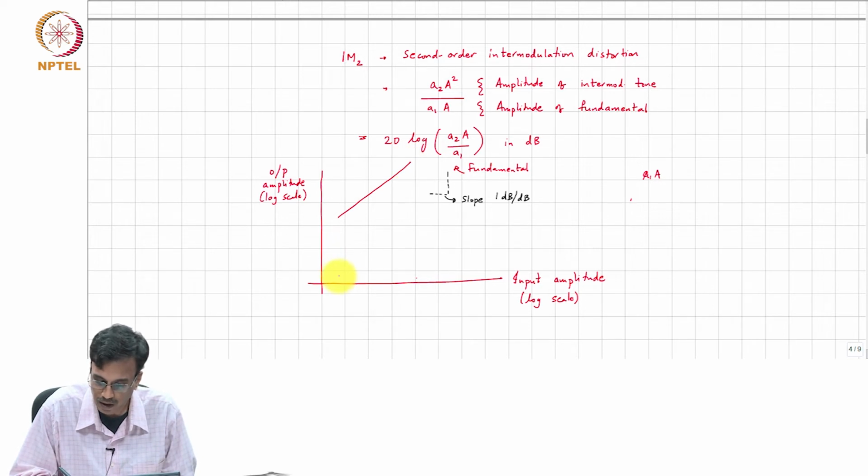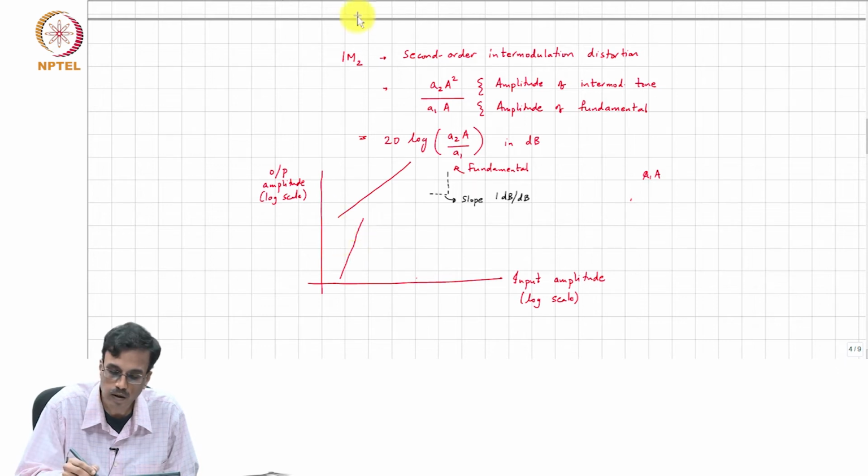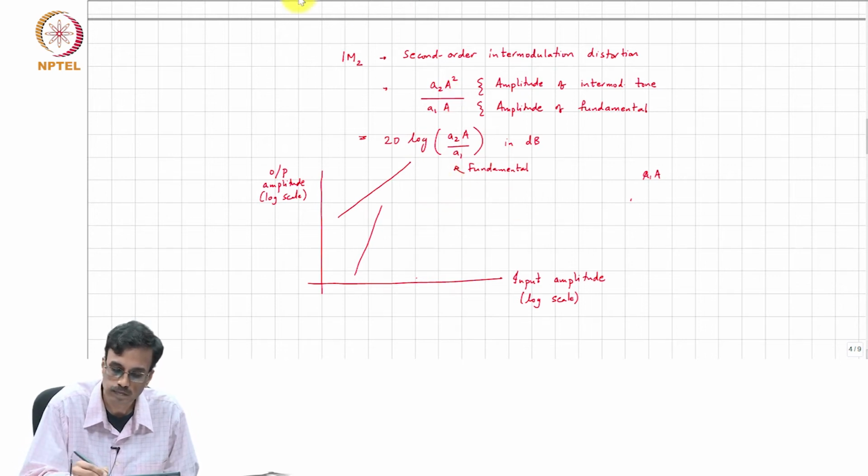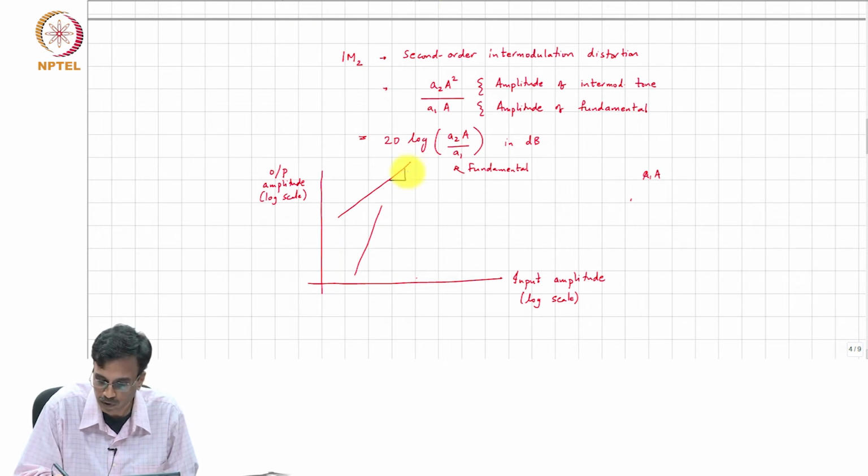Right, and this goes up by... right. So, this slope is 1 dB per dB and this is 2 dB per dB.